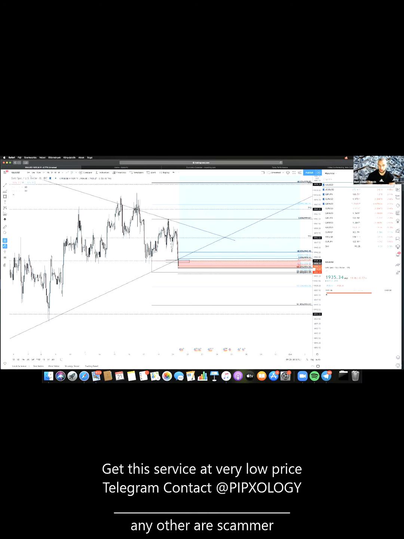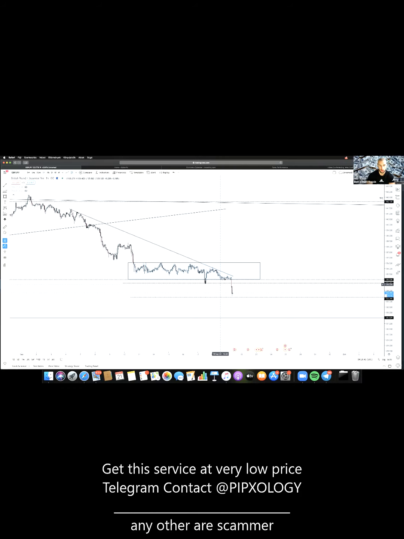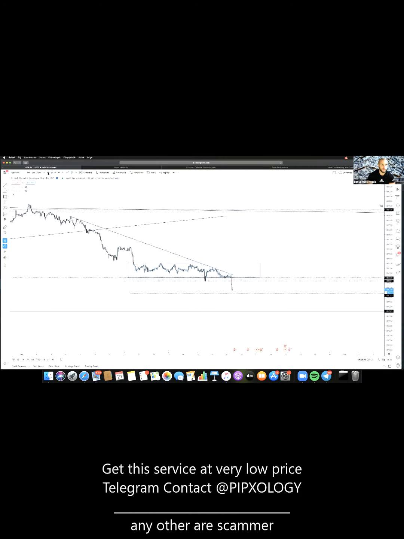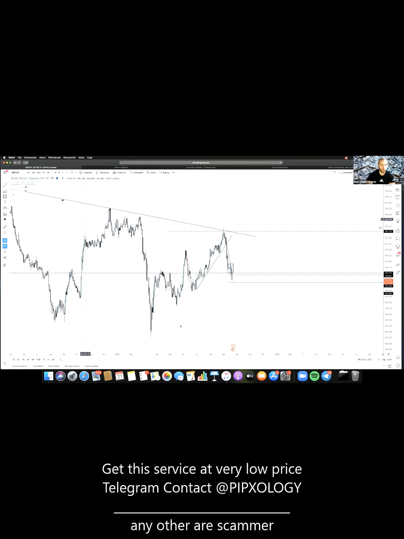Okay, GJ. So you know exactly when US30 pushes down, GJ also pushes down. The bigger picture is still very bearish, and I've just placed the Fibonacci on the daily from high to low.